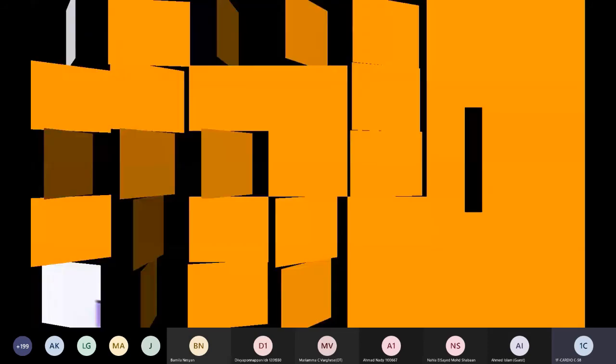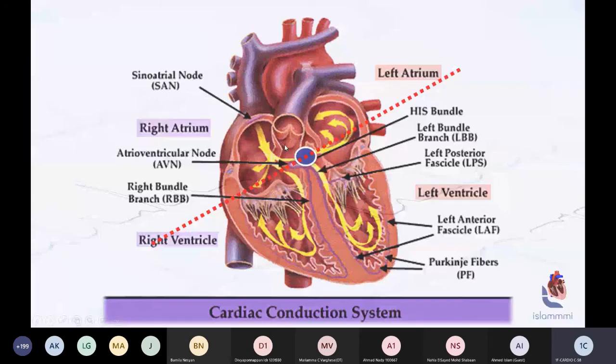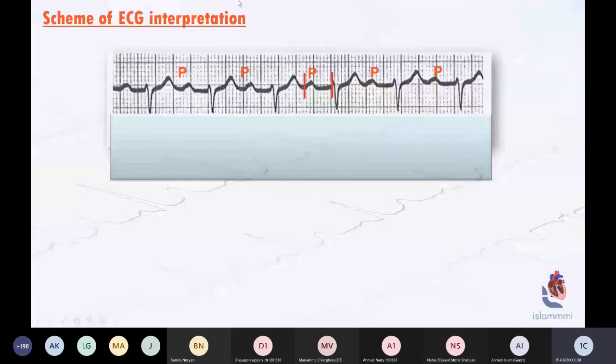So let's discuss now the first degree AV block. As I told you before, all impulses will be able to cross from the atrium to the ventricle, but in a slow fashion. But at the end of the day, all impulses will reach the ventricle. So what is the difference? It's exactly like sinus rhythm, but with a prolonged PR interval.